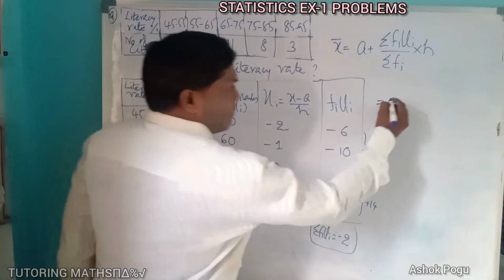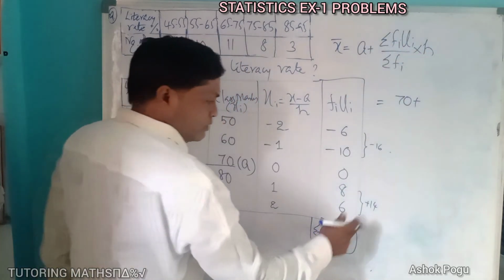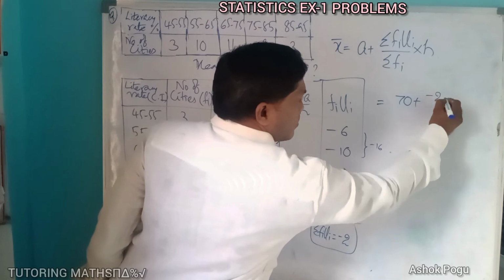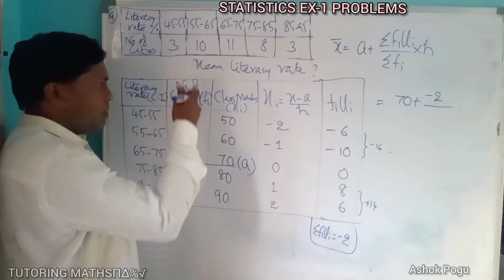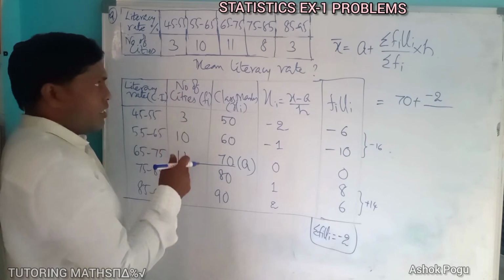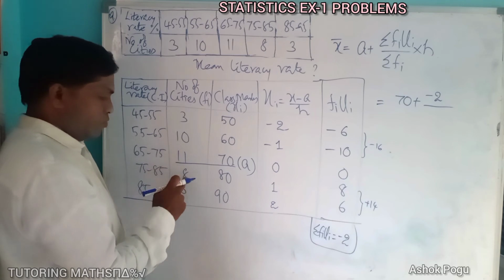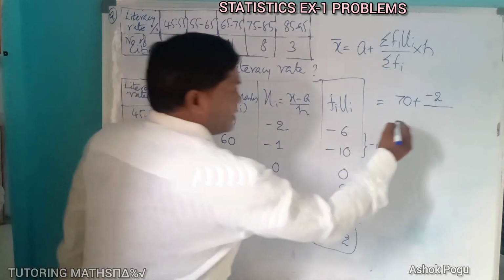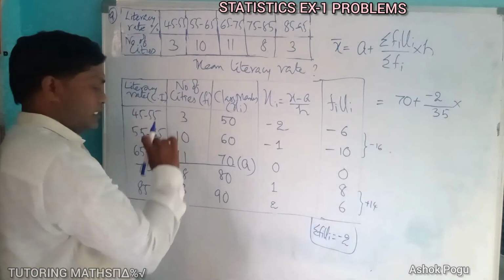Substitute the values. Small a is 70 plus sigma FI UI, which is minus 2, by sigma Fi, the sum of the frequencies, the total number of cities. Already given in the question: 3, 10, 11, 8 plus 3 gives 35 cities. Into H, the height of the class, which is 10.